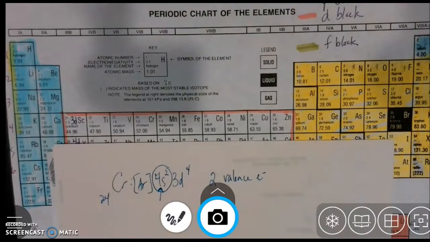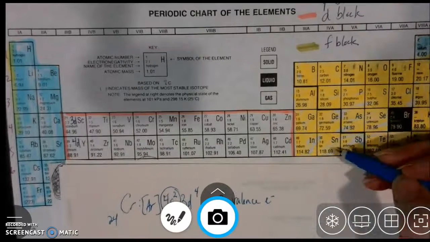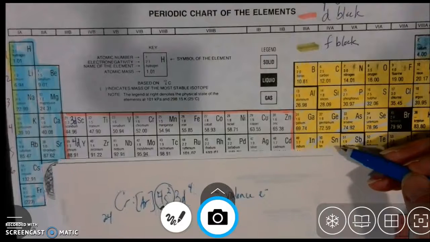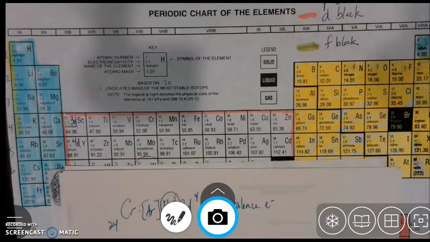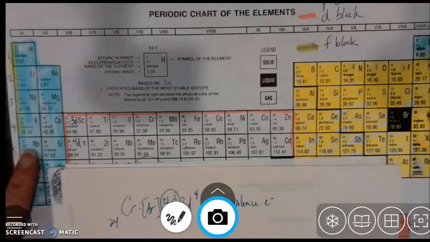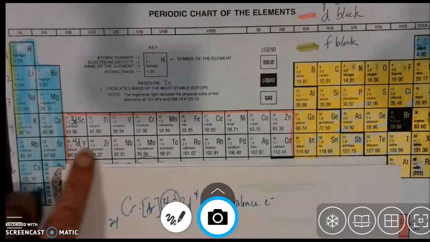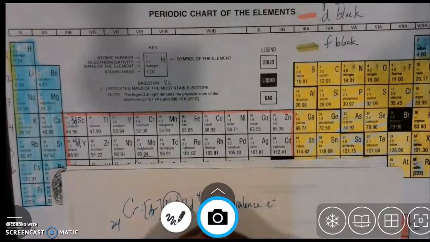Then the next one I'm going to jump to is tin. Tin is all the way down here at element number 50. Because I'm 50, I'm going back to 36, and then I'm going to jump to 37. So I'm going to do Kr, 5s2, 4d10, 5p2.